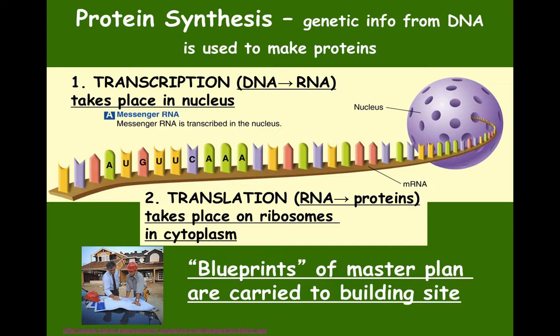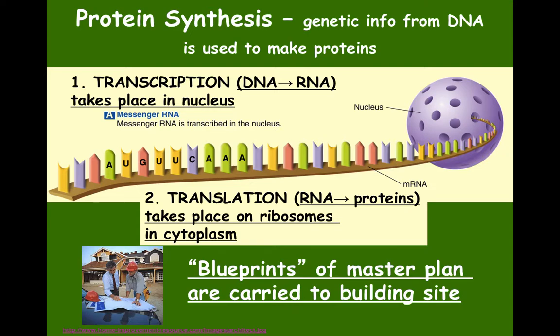This takes place at the ribosomes in the cytoplasm. It's the same idea where we take the blueprints of the master plan and carry them out to the building site. The DNA can't go to the building site, so its blueprints are taken by the messenger RNA to the building site, the ribosome, in order to create the protein.